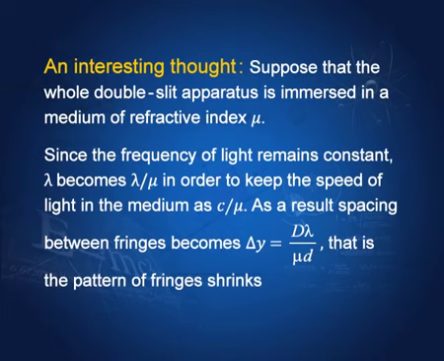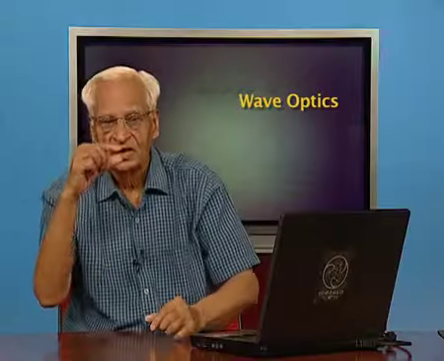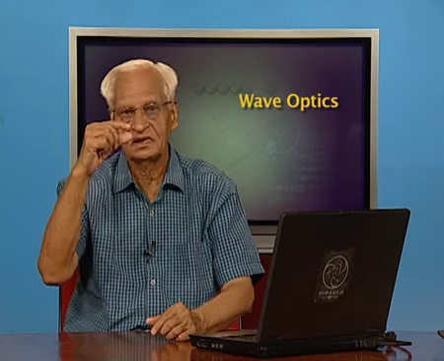So, what will happen? Then the fringe width, the distance between two consecutive fringes, would become D lambda by mu d. So, since mu is always greater than 1, delta y becomes smaller. So, the fringe pattern shrinks.